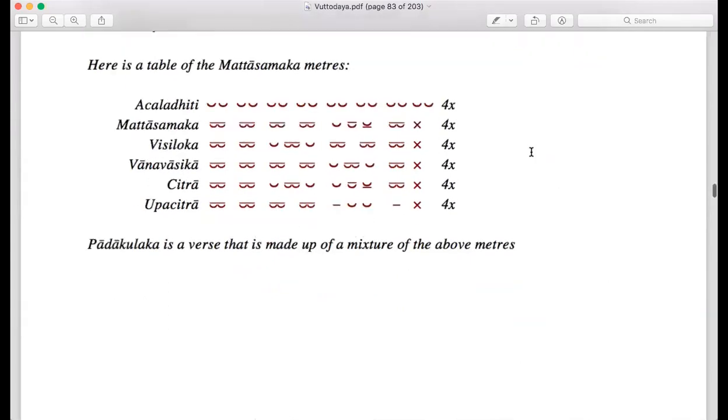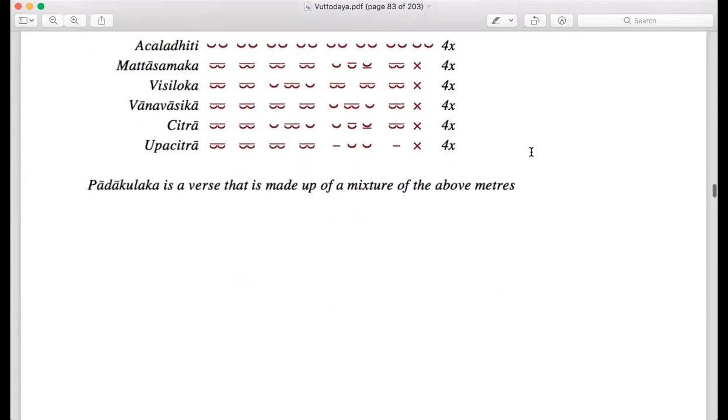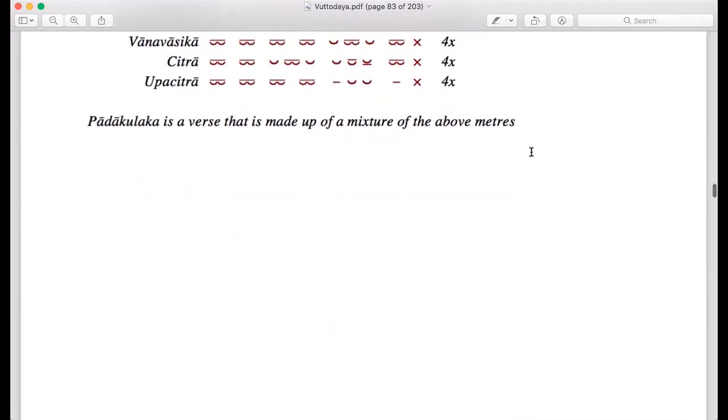Another thing is that Padakulaka, the seventh and last verse of Matta Samaka Jati, is a verse made up of a mixture of the above meters.